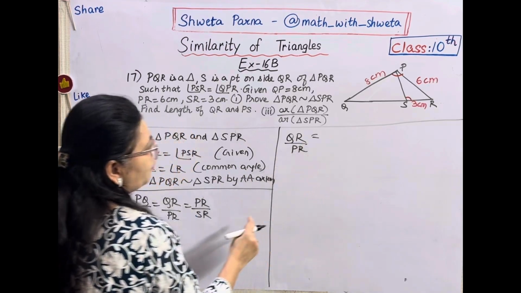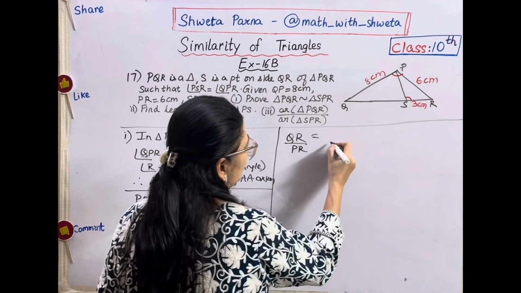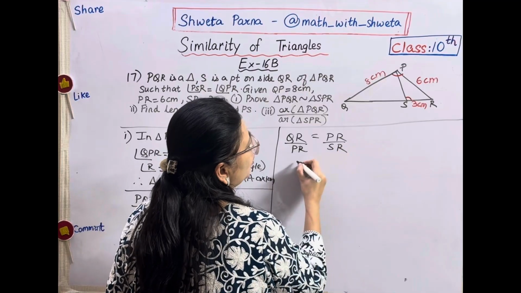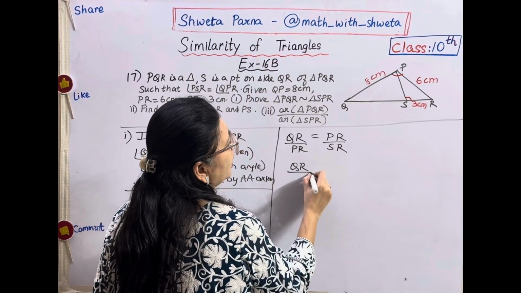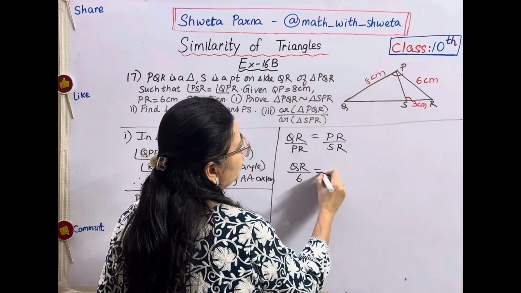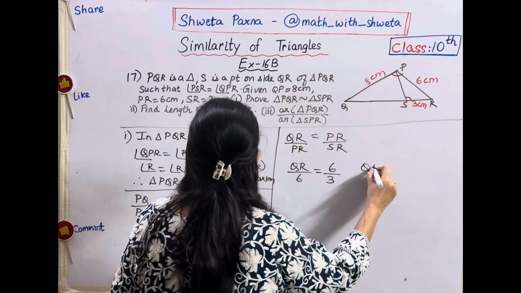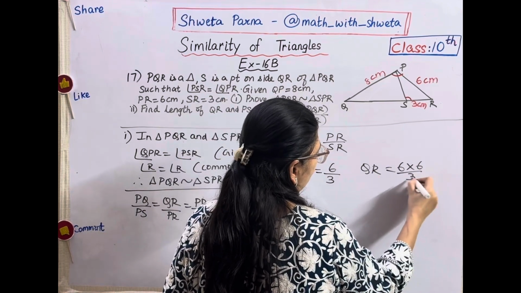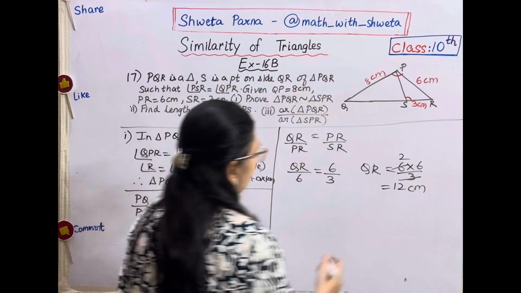What information is given to you? PR and SR are given. So use PR upon SR. So QR upon PR is equal to PR upon SR, where PR is 6 and SR is 3. So QR is equal to 6 into 6 divided by 3. 3 2s are 6, so QR is 12 centimeters.